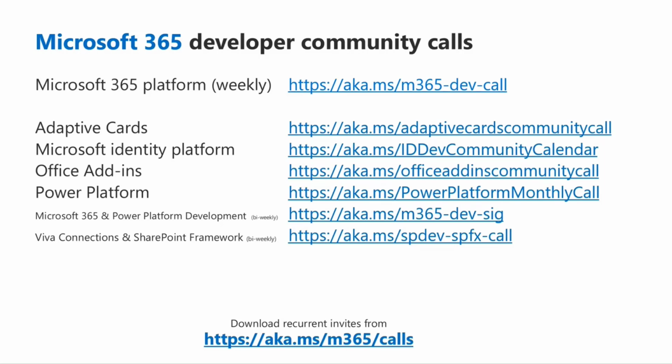We also have a bunch of community calls: adaptive cards, Microsoft Identity Platform, Office add-ins, Power Platform, which is next week on Wednesday, going to be live from the Minnesota Microsoft Technology Center, by the way. So that's going to be a really cool, unique opportunity. And then we've got our two: Microsoft 365 and Power Platform development, which is today, and the Viva Connections and SharePoint Framework, which is next week.